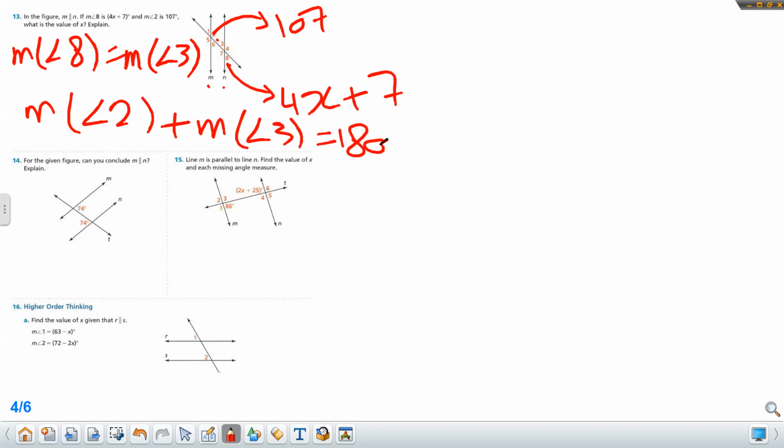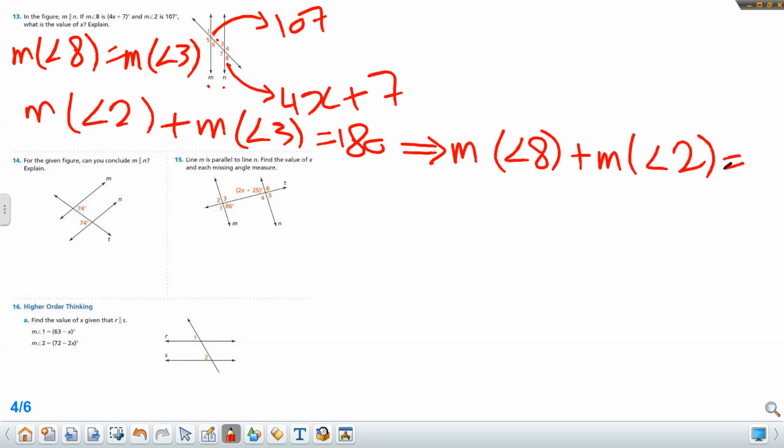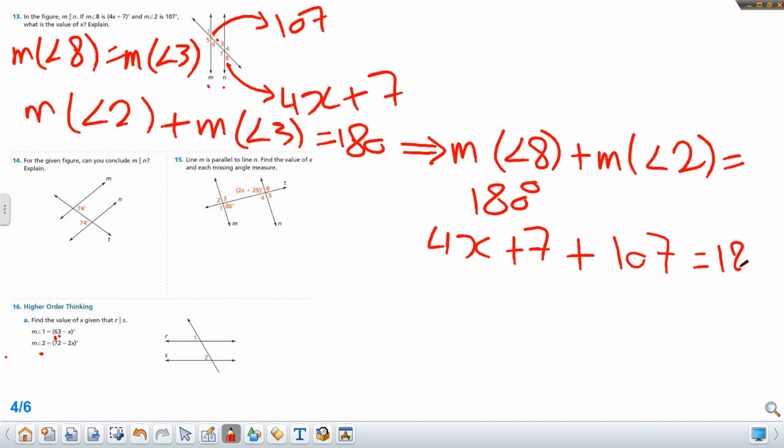Then we can say measure of angle 8 plus measure of angle 2 equals 180. Then replace 8 by 4x plus 7 and 2 by 107. So 4x plus 7 plus 107 equals 180.